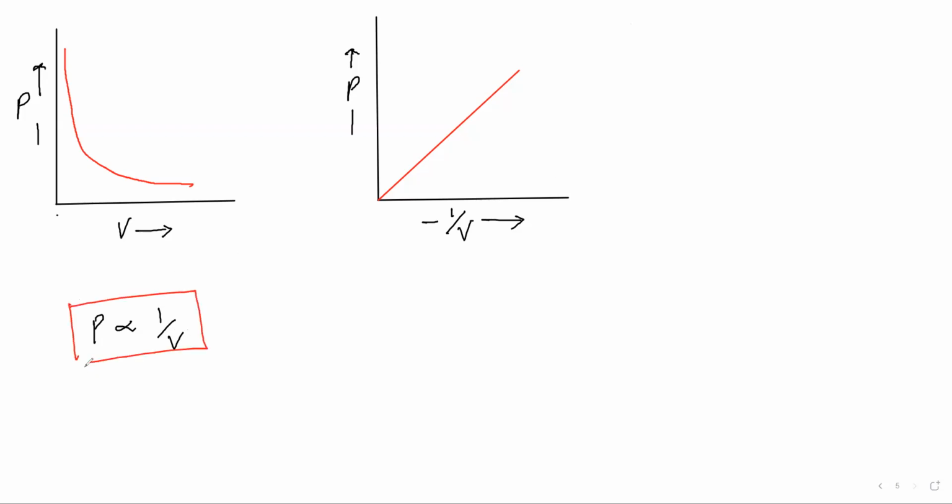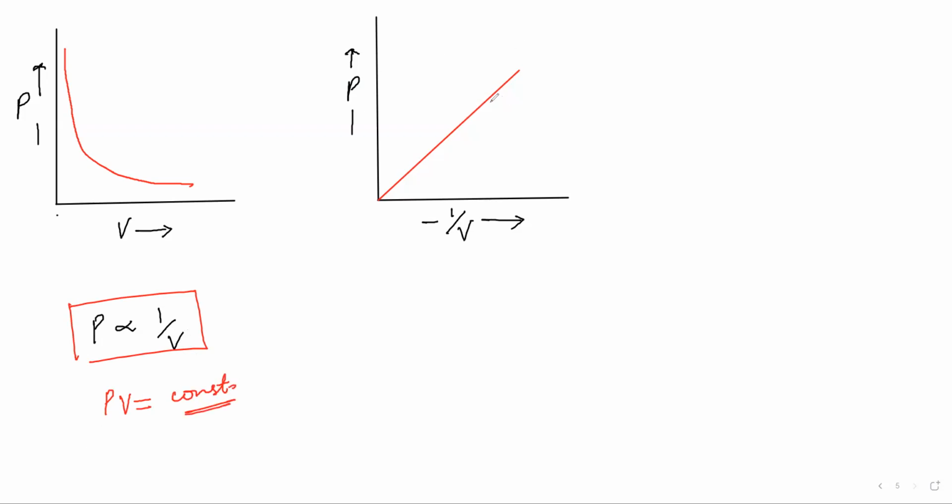Now, I don't think you have any other graphs, but tell me, P into V will be constant, correct?